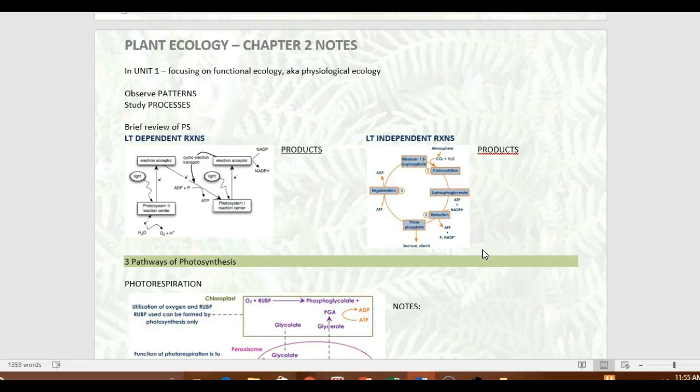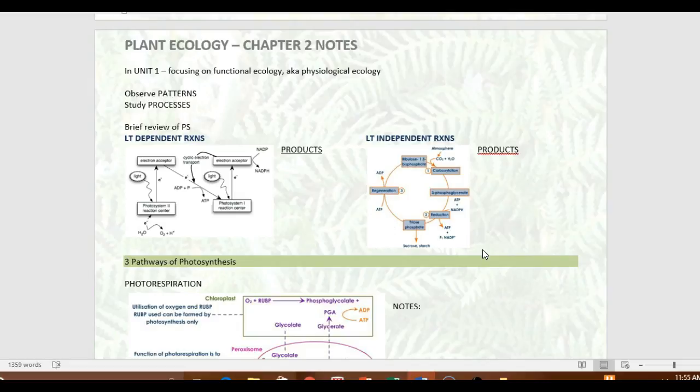But observing patterns and studying processes is just kind of the whole ball of wax when it comes to ecology. So in Unit 1, we're going to be focusing on functional ecology, also known as physiological ecology. What's the physical response of an organism to the effect of its environment?